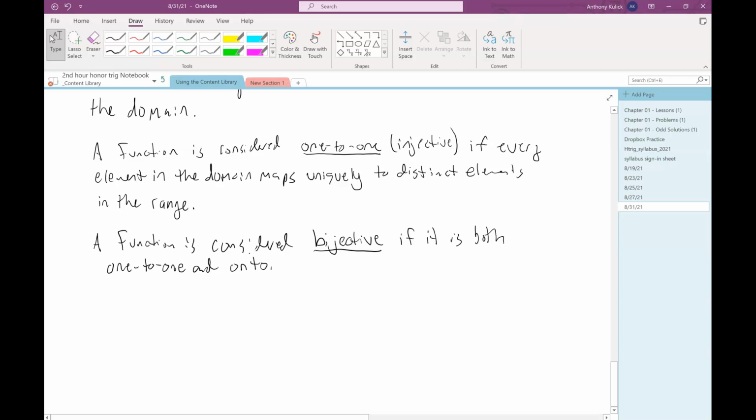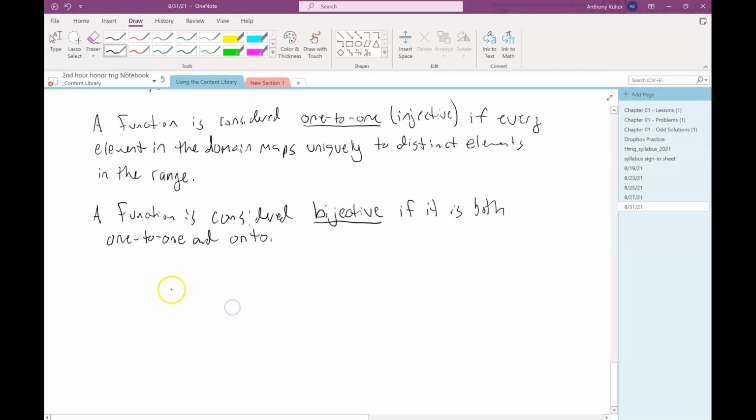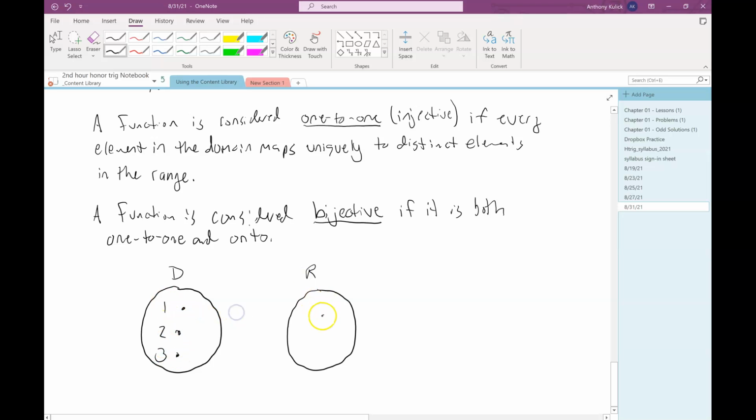Okay, so let's look at some examples here. Here's a function f.